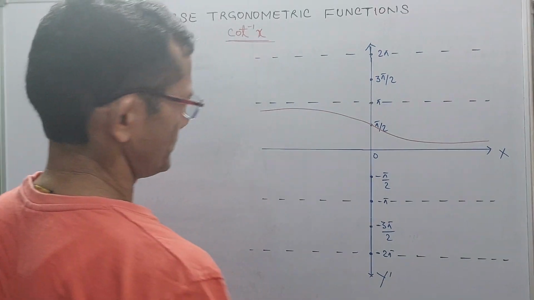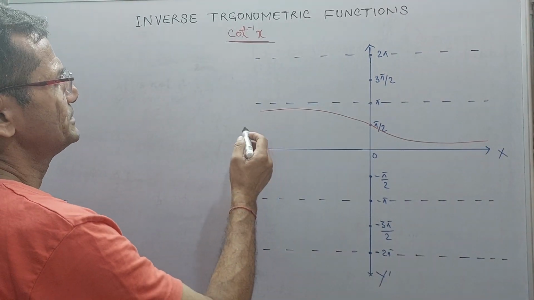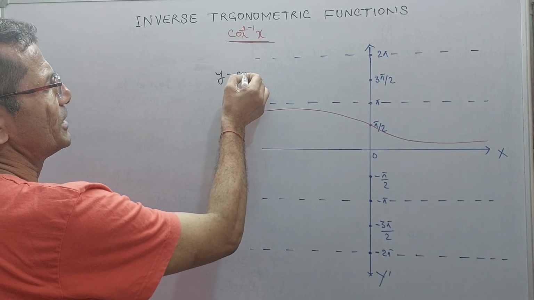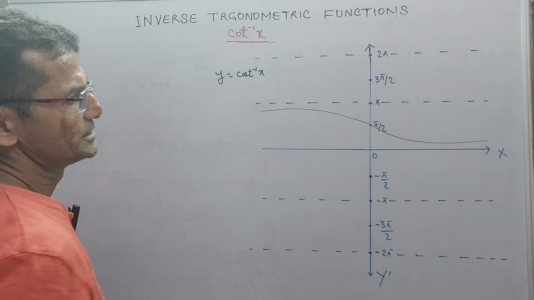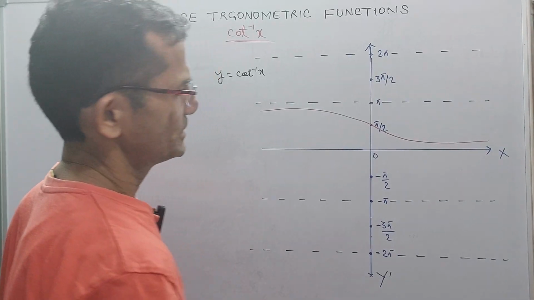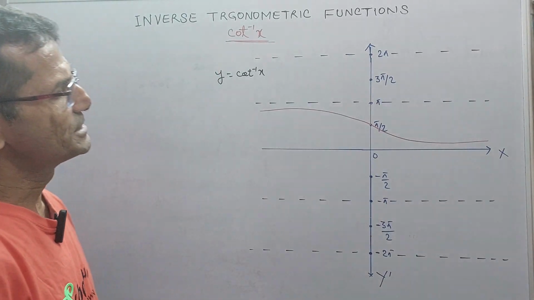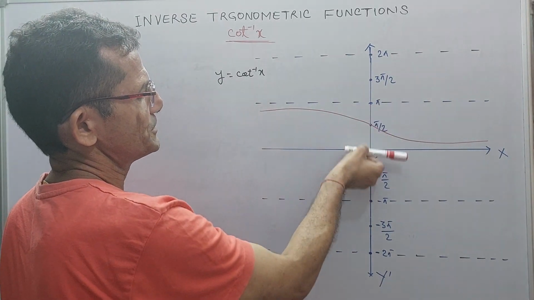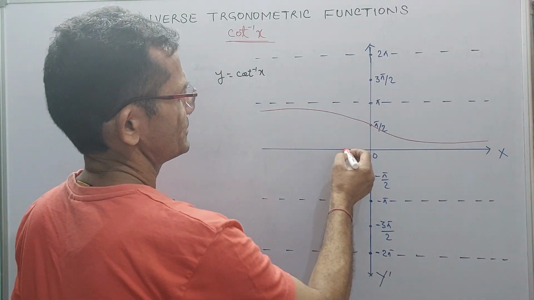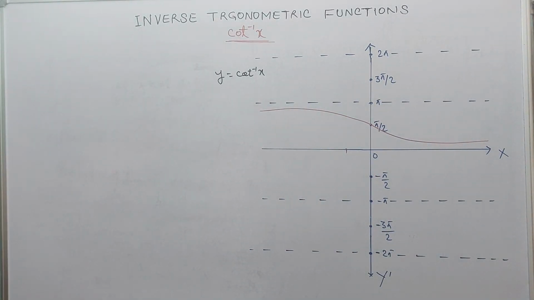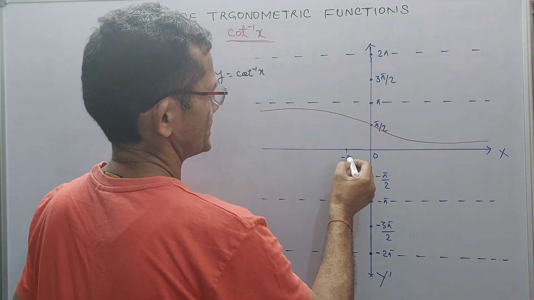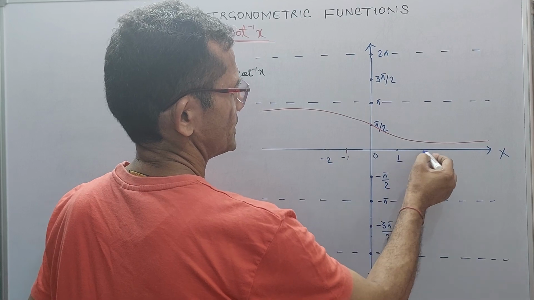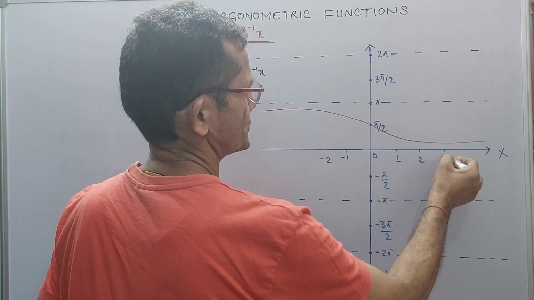Now this is the graph of y equals cot inverse x. In the restricted domain, these are the values of the real numbers: minus 1, minus 2, minus 3 and so on, plus 1, plus 2, plus 3 and so on.